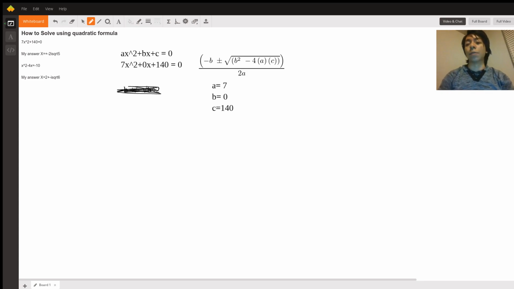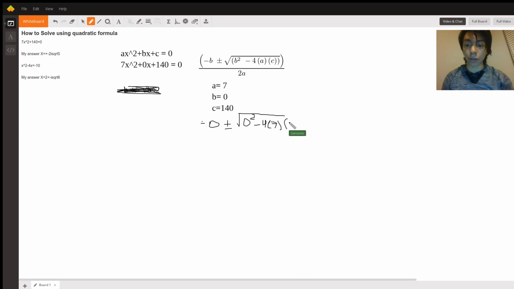And now let's work through it. So basically what we're going to have is 0 plus minus the square root of 0 squared minus 4 times 7 times 140, which is going to be quite a large number.